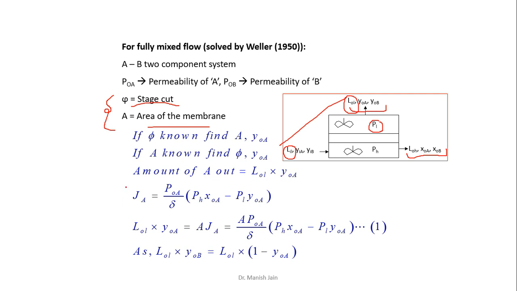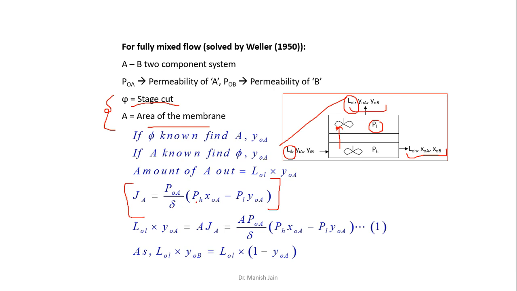Now the flux of A through the membrane can be calculated by this equation. I have already derived this equation in the last class. Here J is the flux, the unit of flux is mass per meter square second or moles per meter square second. POA is the permeability of component A through the membrane. Delta is the thickness of the membrane.